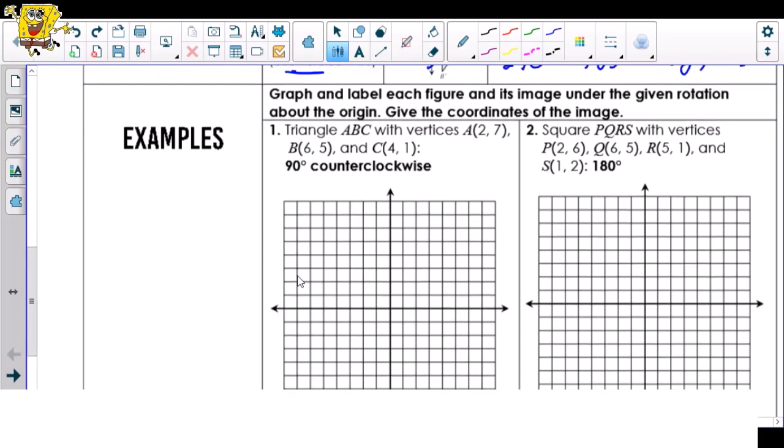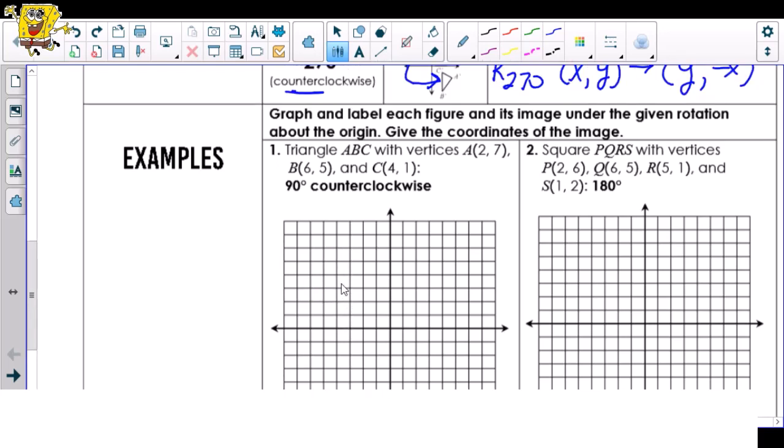Okay, now on this first one, number 1, they give us the points for our triangle, and they want us to do a 90-degree counterclockwise rotation.